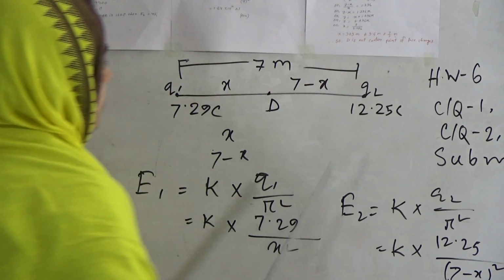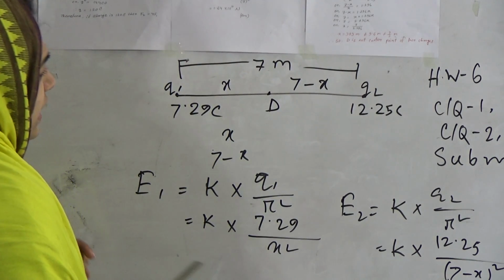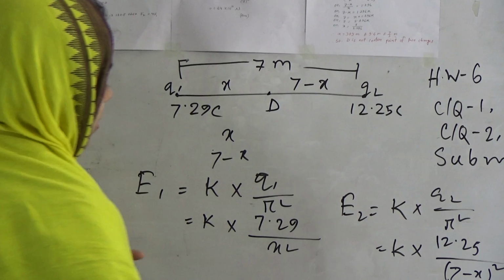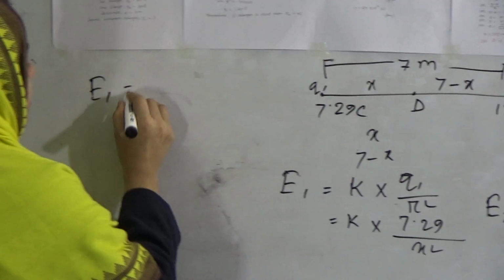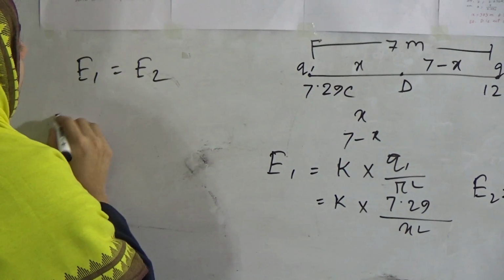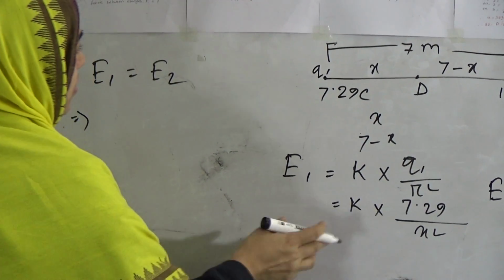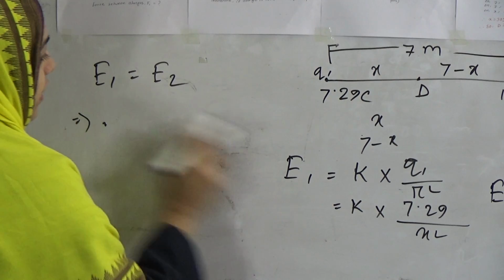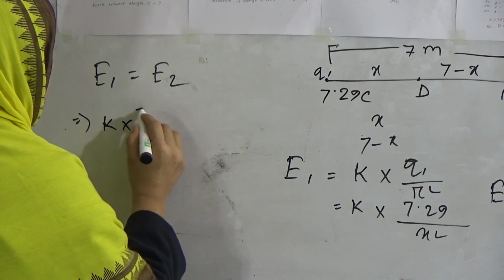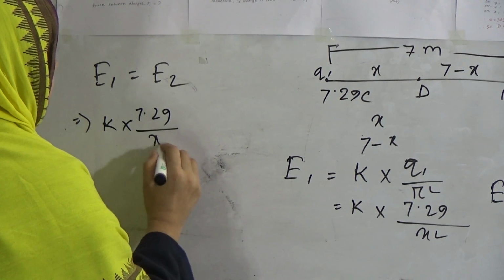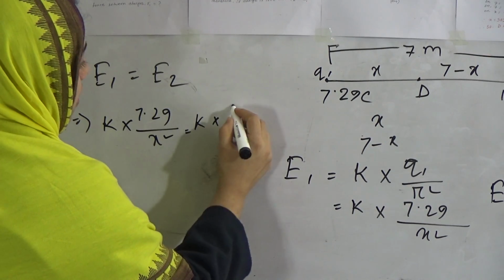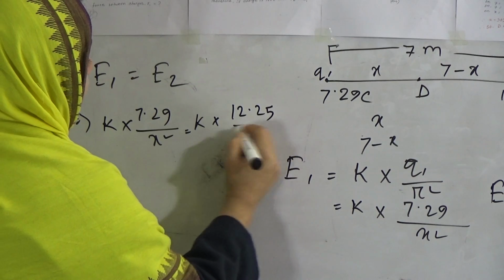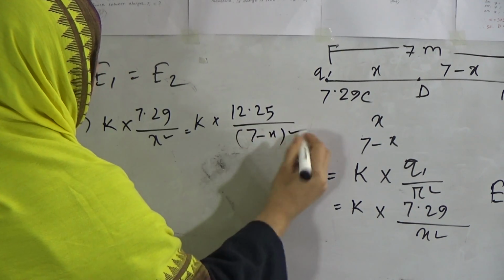My dear students, if the resultant electric intensity is 0 at D, then we can write E1 equals E2. So now put the value: K into 7.29 divided by x square equals K into 12.25 divided by 7 minus x whole square.